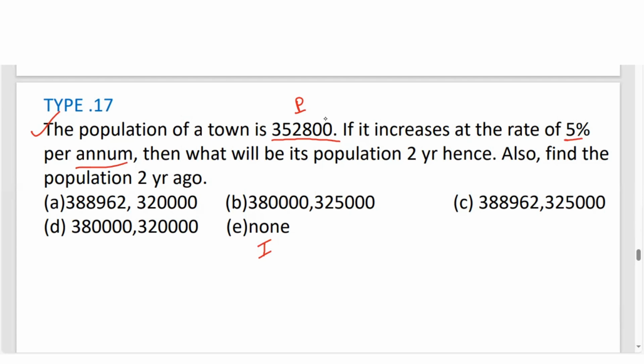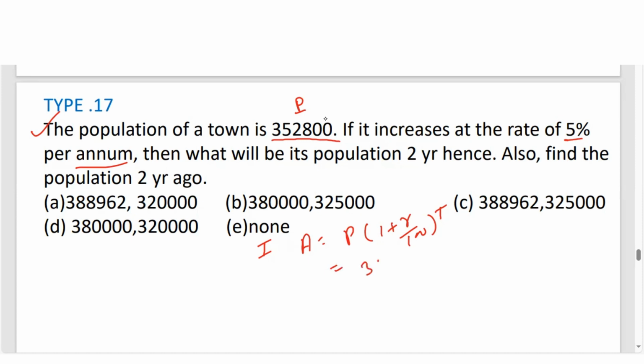You know the formula of amount: Amount equals P into 1 plus rate by 100, to the power T. Amount is, after a certain year, principal plus interest, that means principal plus increase. So the same format we can use here to find the population after 2 years.